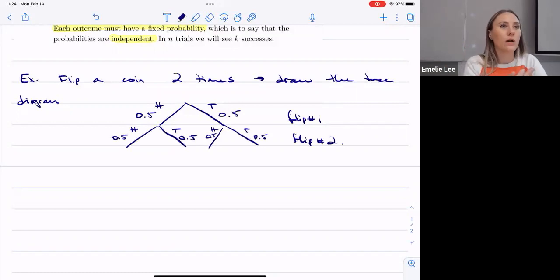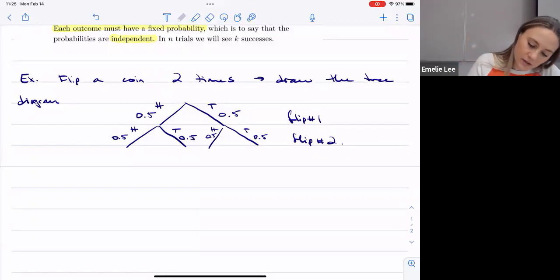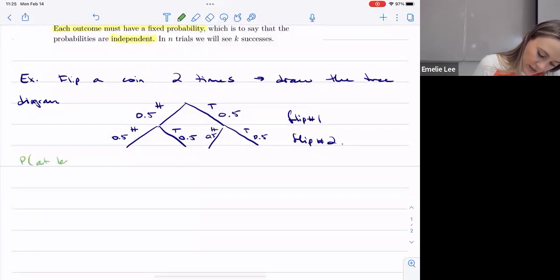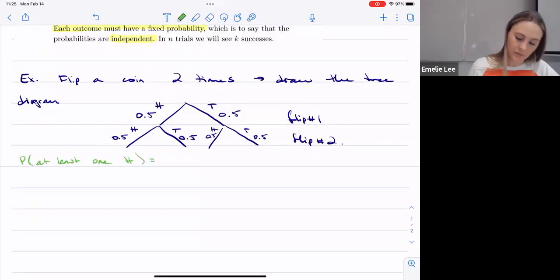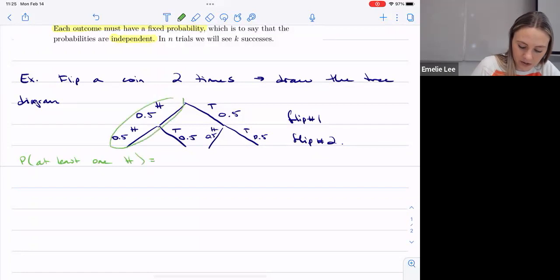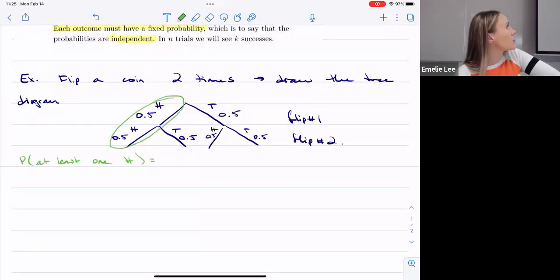We usually want to find stuff like what's the probability of at least one heads, right? So the probability of at least one head is going to be, and we're not going to calculate it because we're kind of moving on to other things, but just to illustrate how complex it can become so quickly, right?